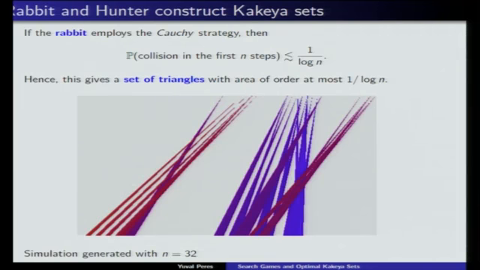So any Kakeya set corresponds to a good strategy against the random speed hunter strategy. But the Cauchy strategy we described before for the rabbit works against this and simultaneously against all hunter strategies.